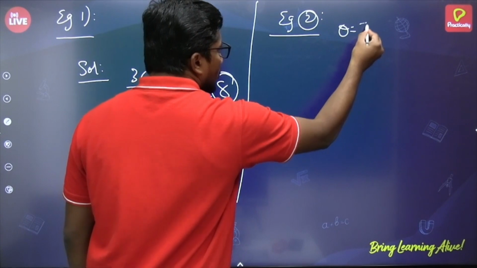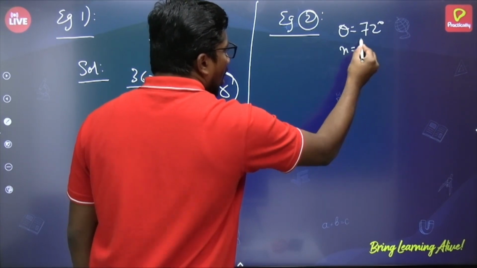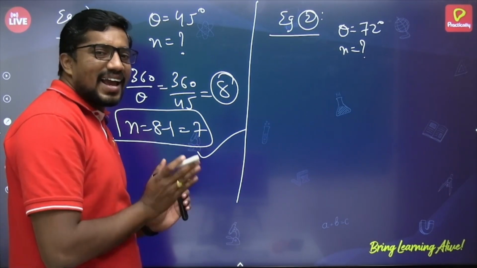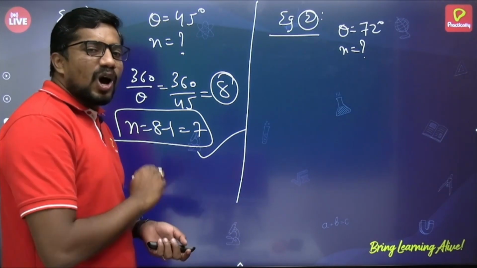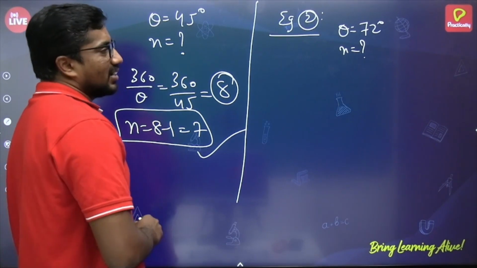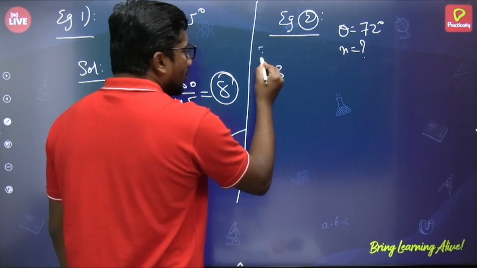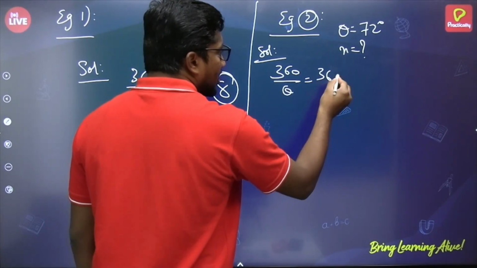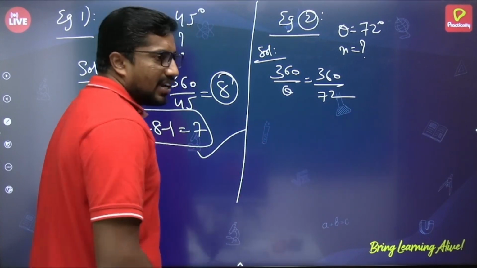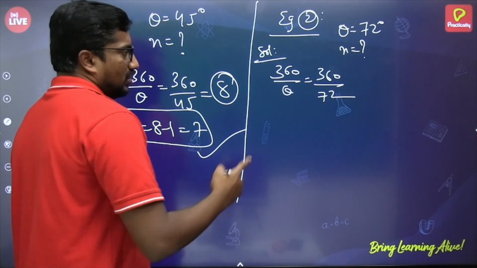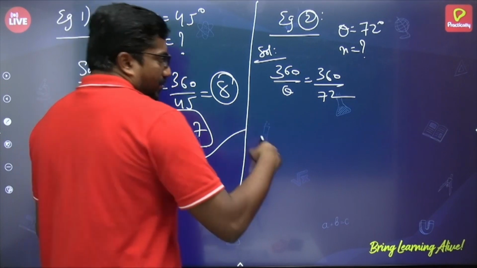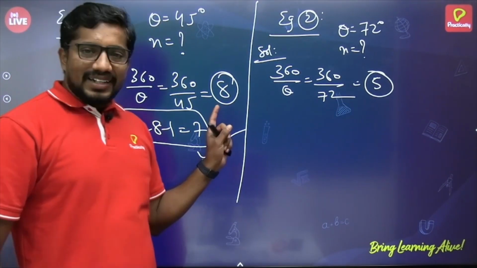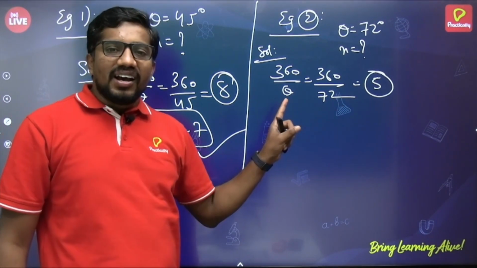Example 2. If theta is equal to 72 degrees, how many images are going to be formed? That means if the two plane mirrors are inclined at an angle of 72 degrees, how many images are going to be formed? First find out the 360 by theta value. 72 goes 5 times into 360 degrees. So here we got an odd integer.